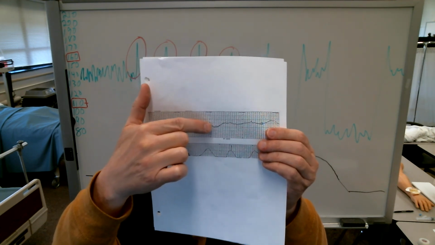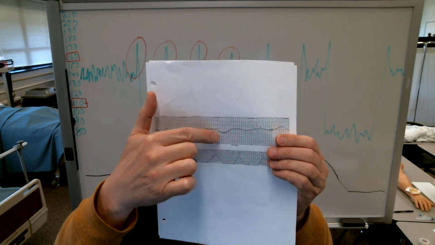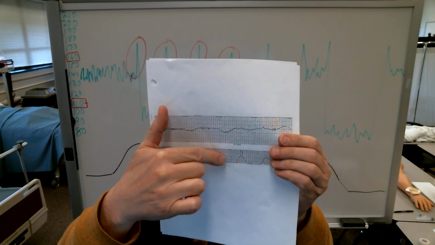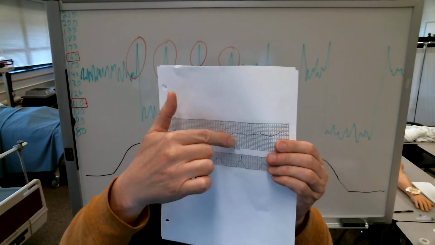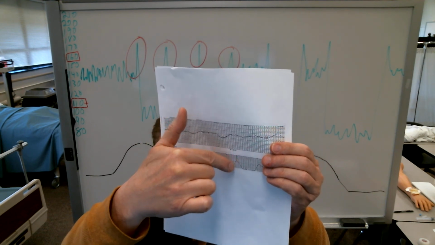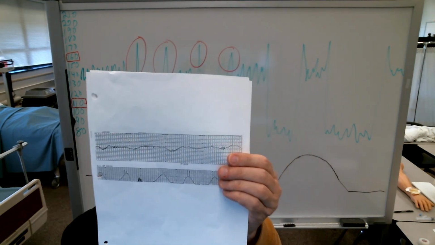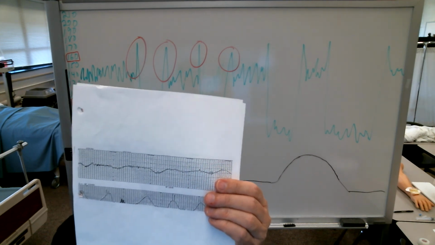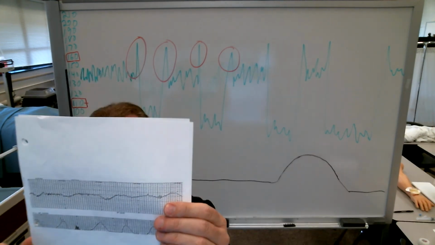And then the baby reaches the nadir or the lowest point, and we look down here and mom's contraction is gone. It's over. And so then the baby's heart rate is back up to normal. And of course, in this instance, mom was about to start another contraction there. But you can see that the deceleration occurred late in mom's contraction.